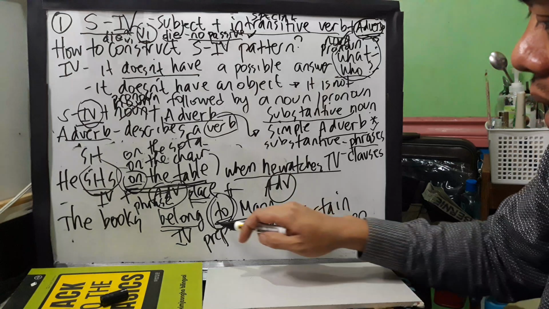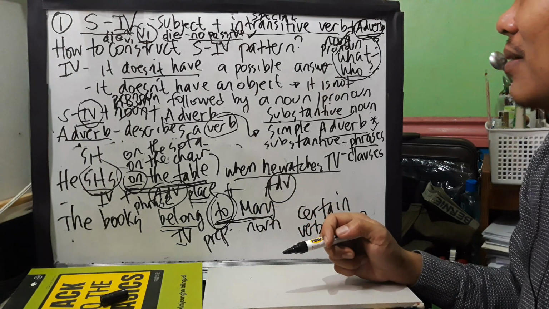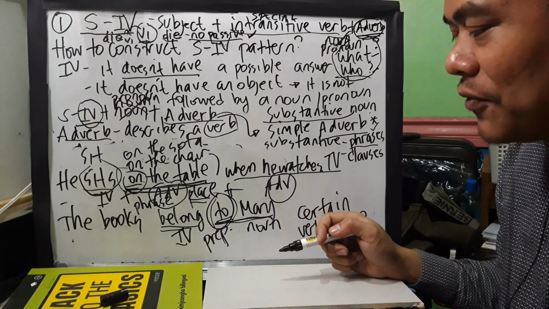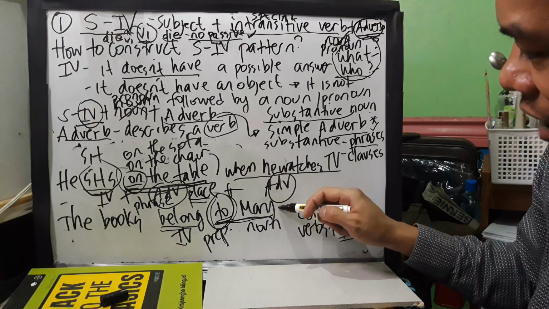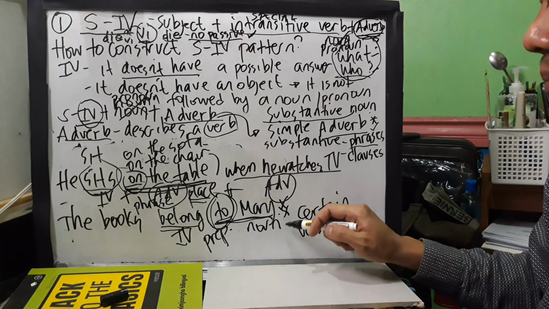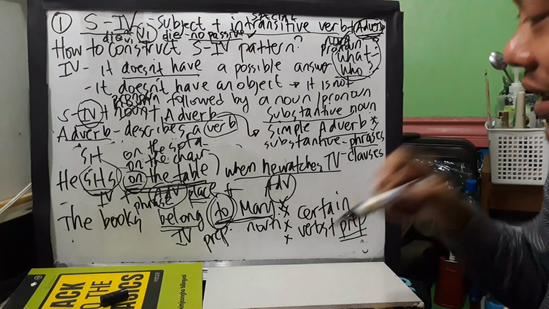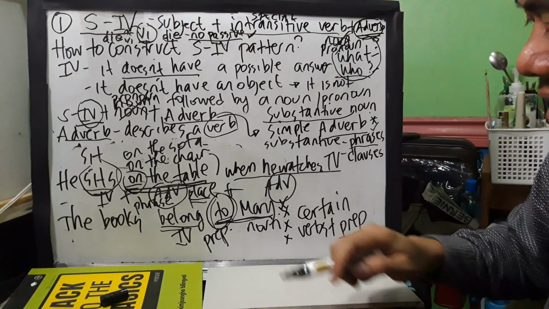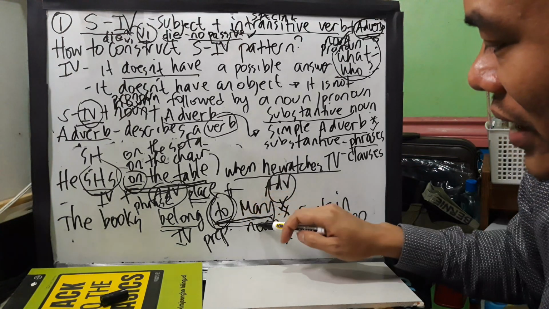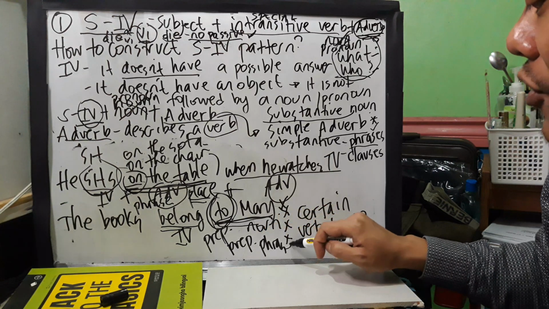But when we say belong to Mary, okay, let's go back to the adverb functions. Adverb can be a place. Is this a place, to Mary? No. It can be a reason? No. It can be time? No. That is why, guys, in this case, your to Mary here, it is not what? It's not a prepositional phrase.